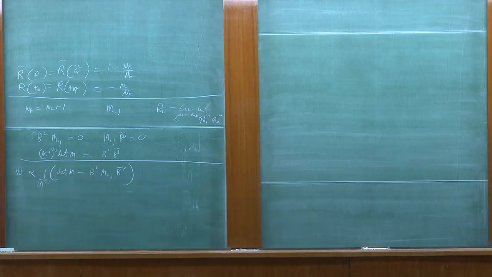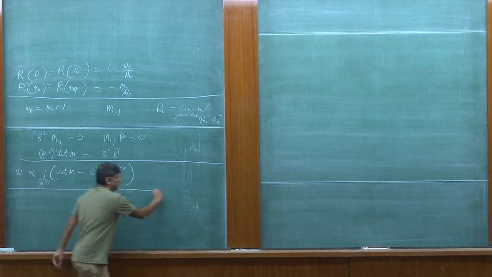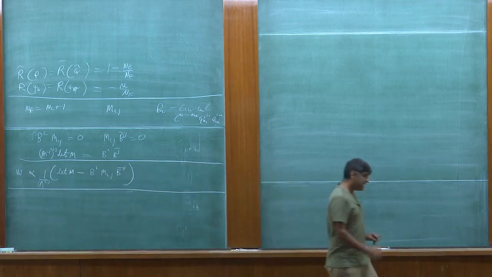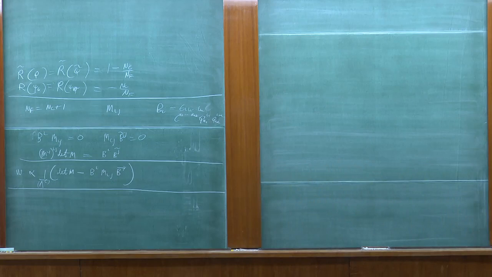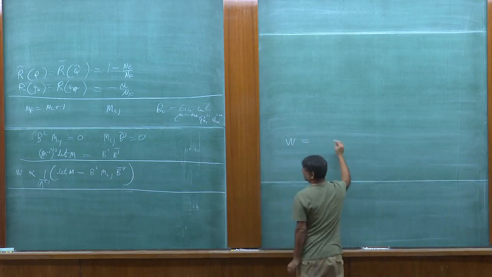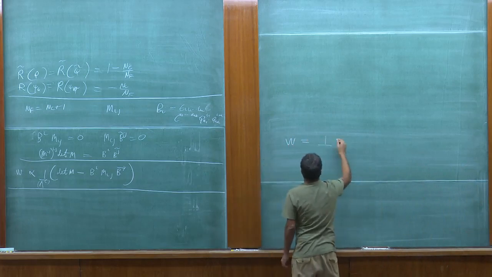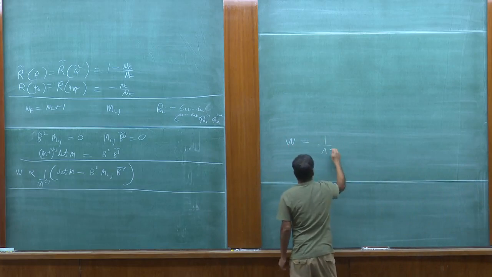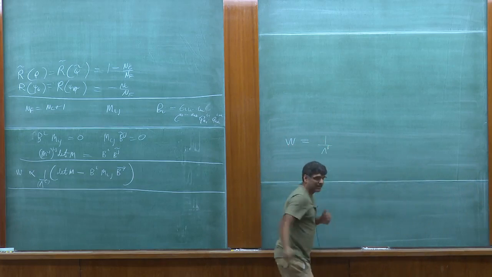The first check we're going to study is the check obtained by giving the nth field a mass. So suppose we consider the superpotential W equal to 1 over lambda to the power, and I'll keep track of that power.